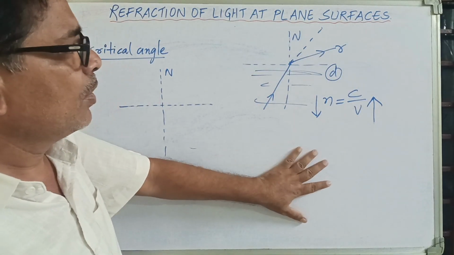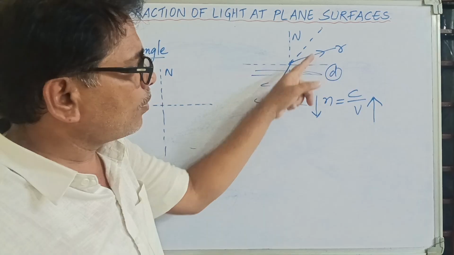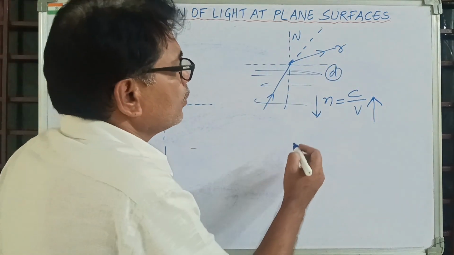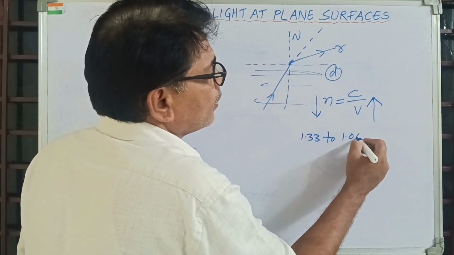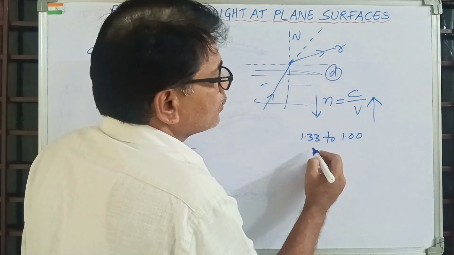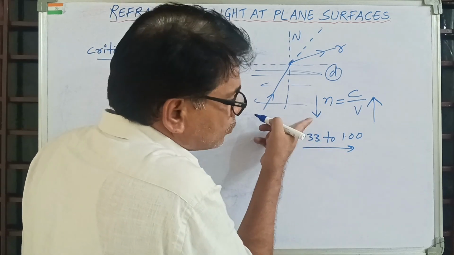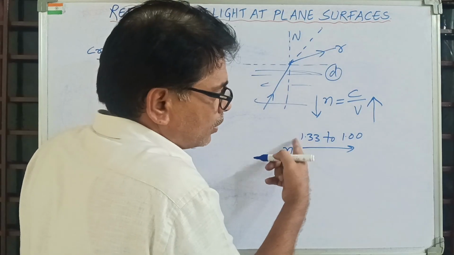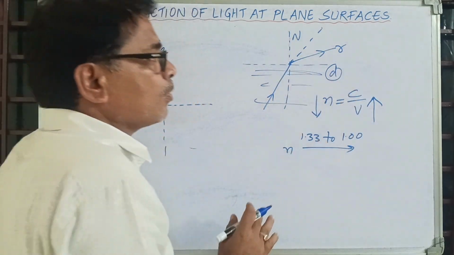It moves away from the normal because it is traveling from denser to rarer. That means you can consider 1.33 to 1. So what value is this? N. N is decreasing, isn't it? See, N is decreasing, 1.33 to 1. So it's decreasing, then velocity increases, so it moves away from normal.